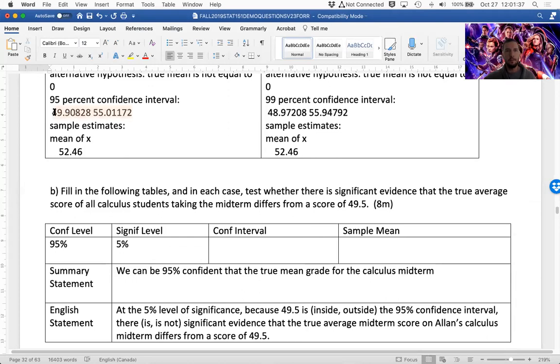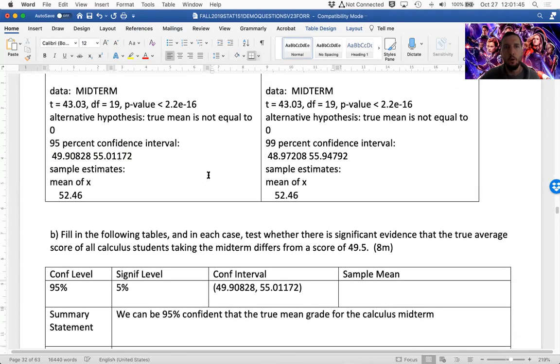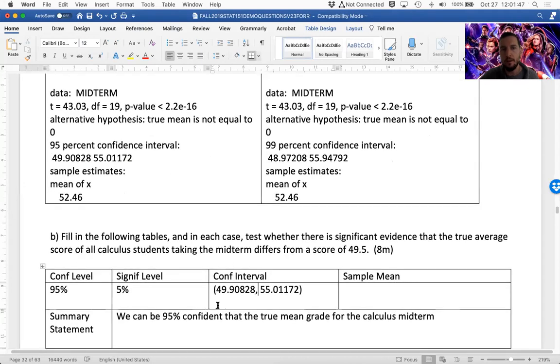Okay, at the 5% level, we have the following midterm scores. So you can see that the average midterm score for the whole population of students is estimated to be between 49.9 and 55.0. The sample average for this test was 52.46%.